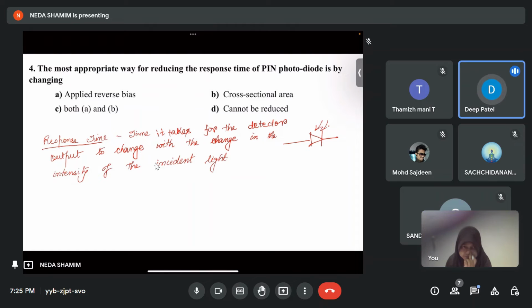Because that is needed to detect the light. Depletion layer is increased, so more amount of light gets absorbed.